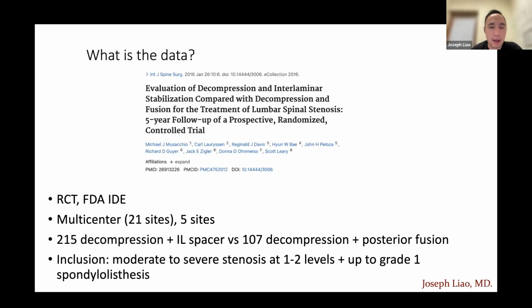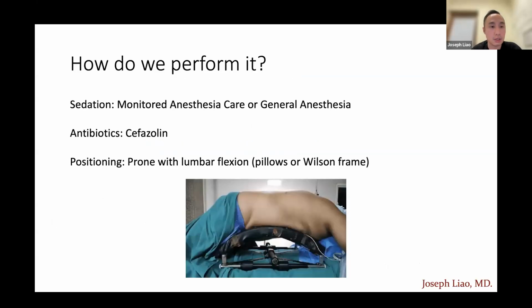What they ultimately found was that the population with the interlaminar spacer did comparably to the group that had the posterior fusion. They also found that the posterior fusion group tended to have higher rates of post-laminectomy syndrome, and part of that is suspected to be due to the hardware in place.